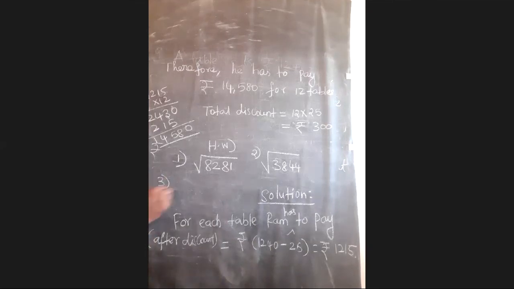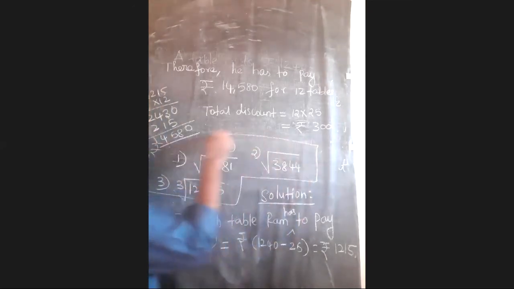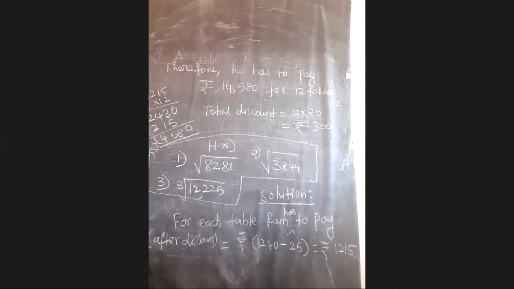Third question: cube root of 12,225. So these are the 3 questions for your homework.